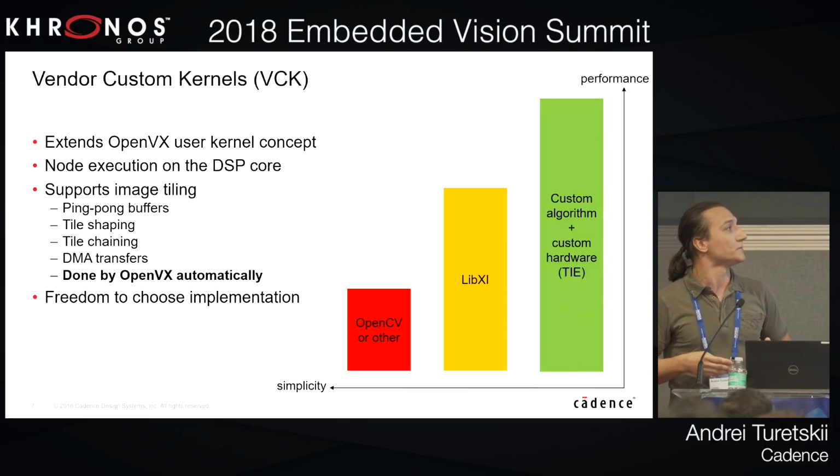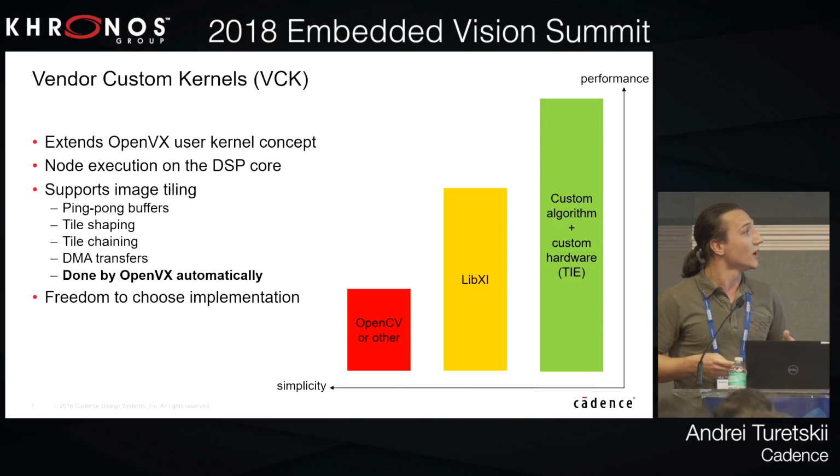VCK gives the developer freedom to choose the kernel implementation. A developer can choose to use some existing library like OpenCV. It will be a simple approach, but it will give lower performance. Or a developer can use our libxi library, which provides hundreds of highly optimized kernels for our DSPs, middle complexity, middle performance.